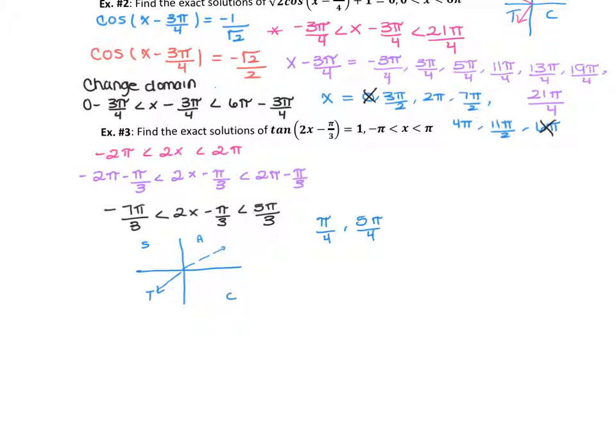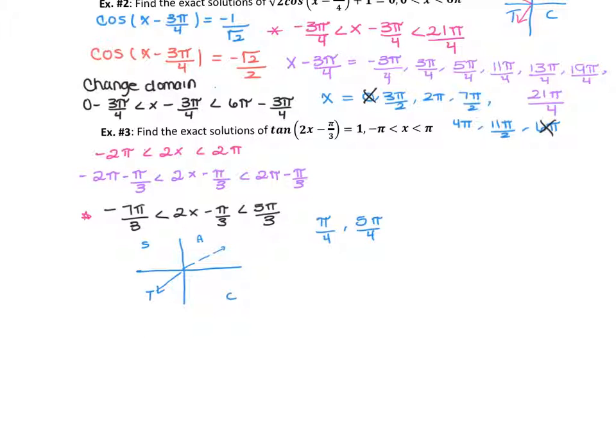At this point, you ask yourself, okay, am I going to add pi or subtract pi in order to get the rest of the values within the domain in black? If we add pi, we're going to exceed our domain, which ends at 5 pi over 3. But if I subtract pi, I'll stay within the domain.